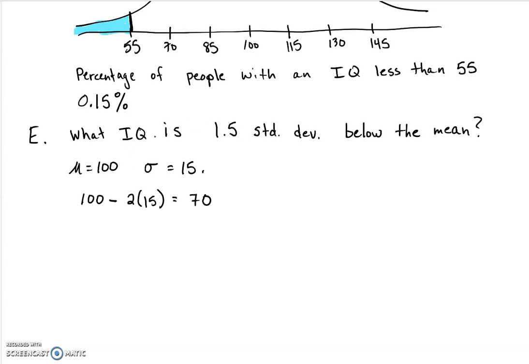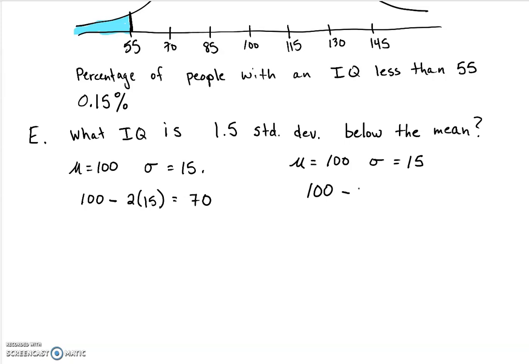So given that, if we want the IQ that's 1.5 standard deviations below the mean, to answer the actual question now, we have the mean is 100 and the standard deviation is 15. So we would take the mean, and since we're looking for a value below, we subtract.